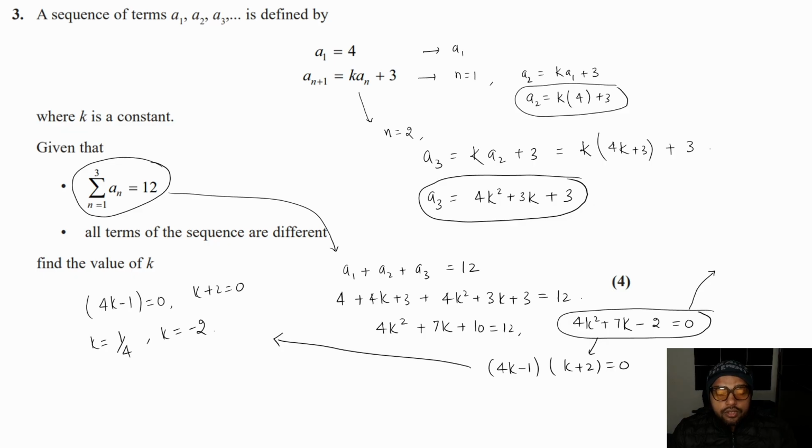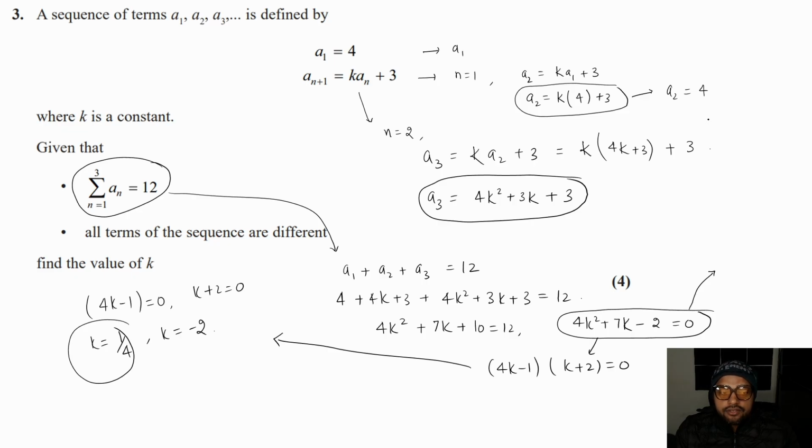Now what we need to see is what will be the possible value of k here. If I substitute k equals to 1 by 4 in the value of a2, we get a2 equals to 4.